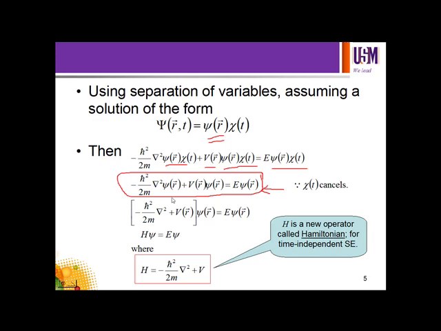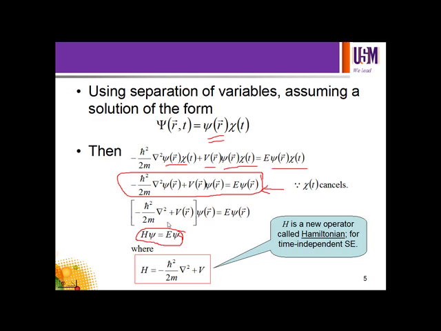Since psi of r is available in both terms on the left-hand side, we can bring it out and factorize. What is left inside the square bracket is negative h bar squared per 2m nabla squared plus V. This is basically the same form as the eigenvalue and eigenfunction form.